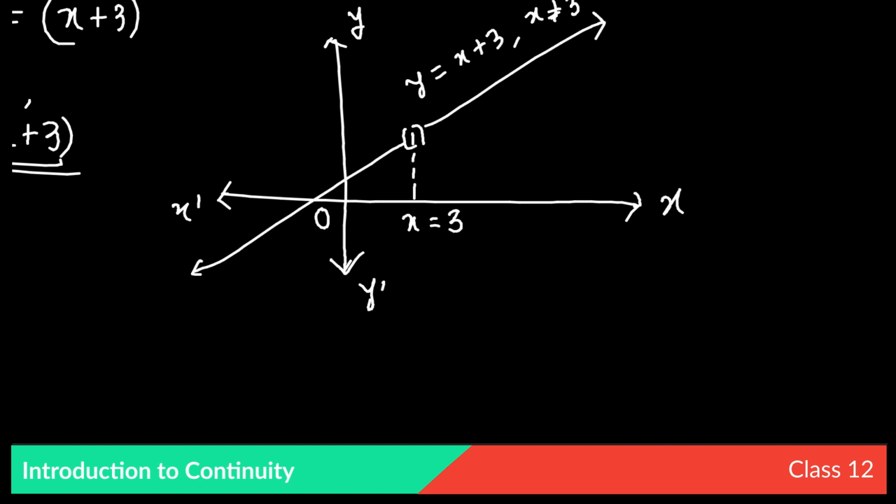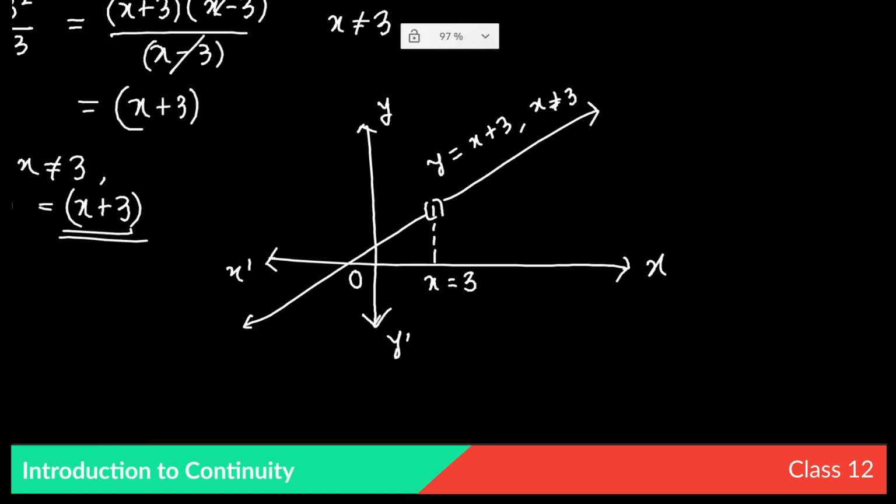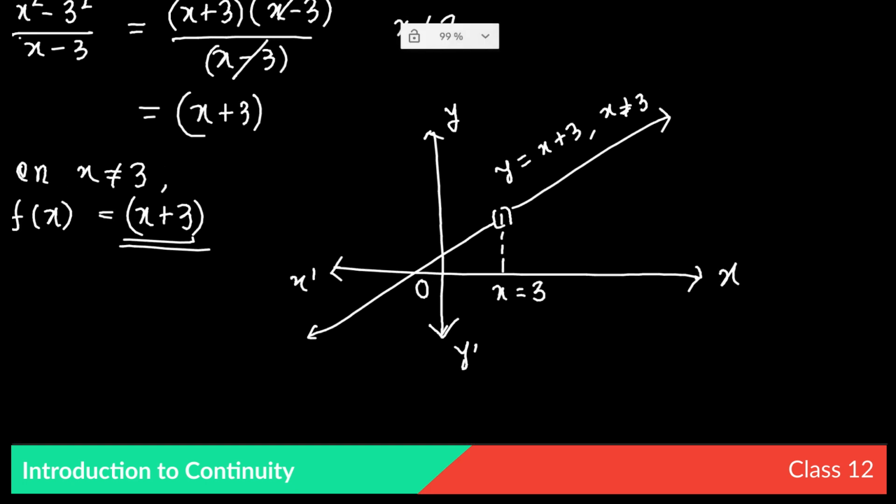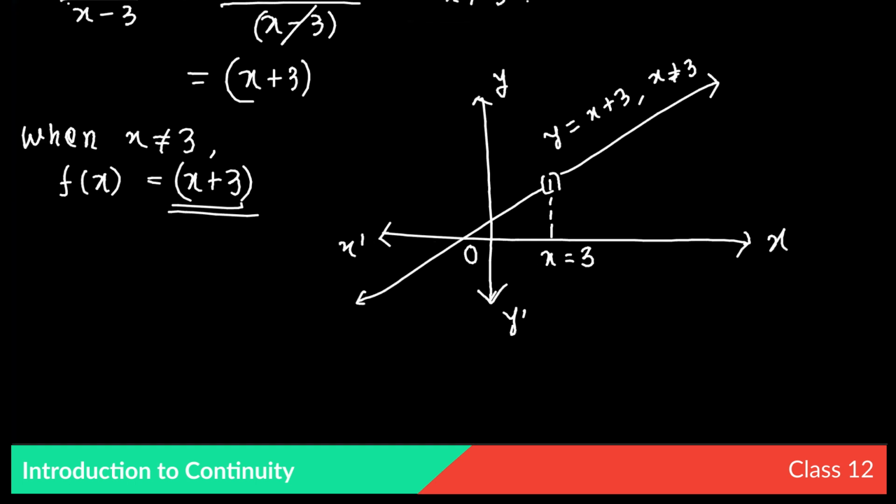So this is x equals 3, and this is the graph of (x² − 9)/(x − 3) when x is not equal to 3. Now we will analyze this function in the neighbourhood of x equals 3, that is, the behavior of f(x) = x + 3 in and around the point x equals 3.